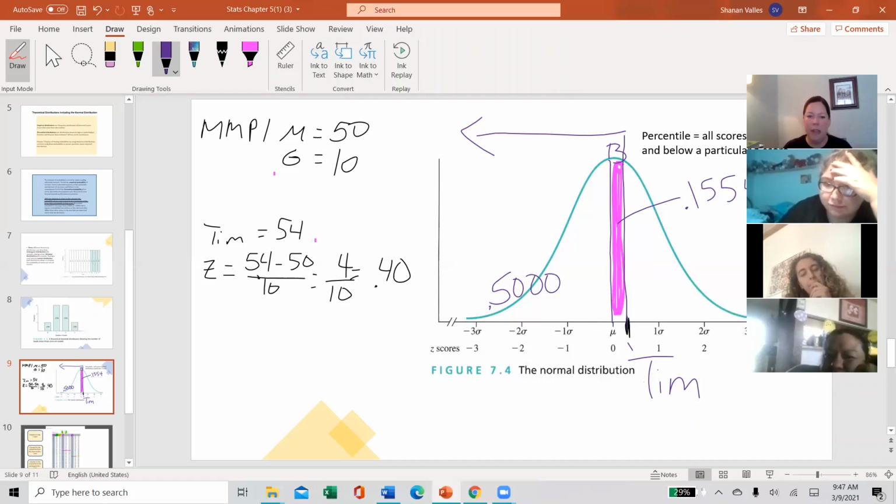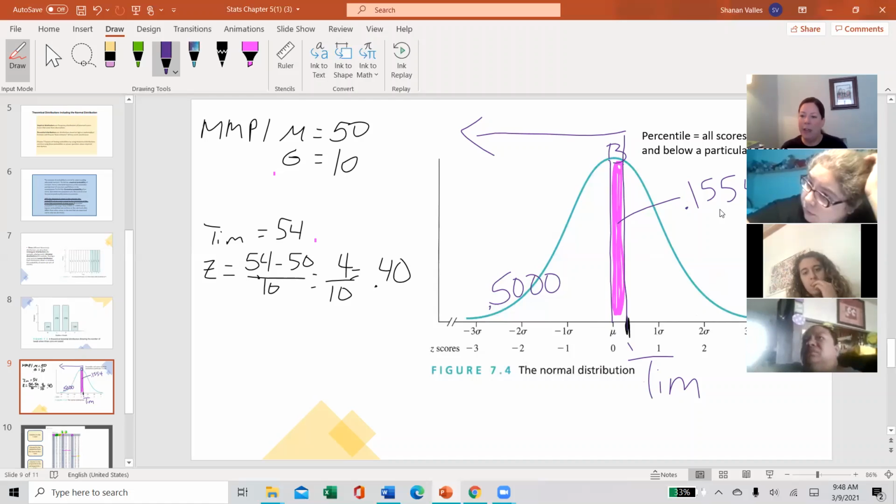It's half the distribution below the mean and half the distribution above the mean. So that value is always going to be 0.5000. You can check that by adding the B and C columns. If you ever add up the B and C columns, they're always going to add up to 0.5000.